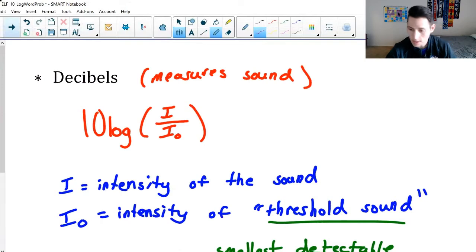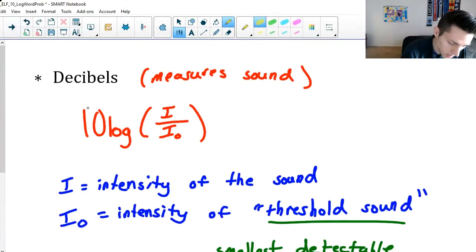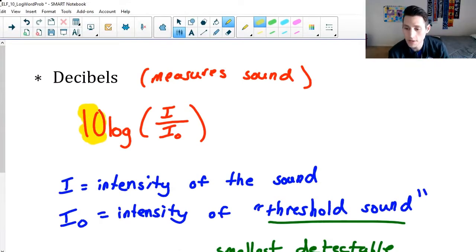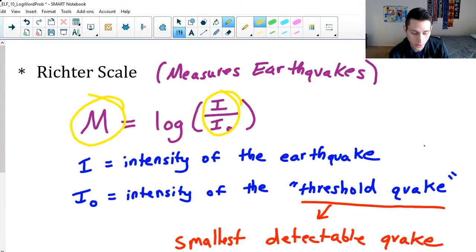So the decibels formula and the Richter scale formula are almost identical. The only difference is that for measuring sound, the decibels formula has a coefficient of 10. But for the Richter scale, there is no coefficient of 10. That's the only difference.